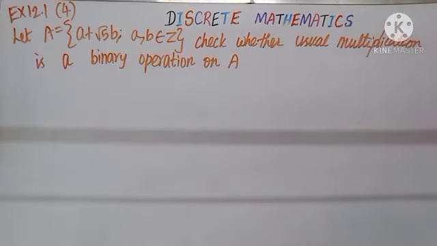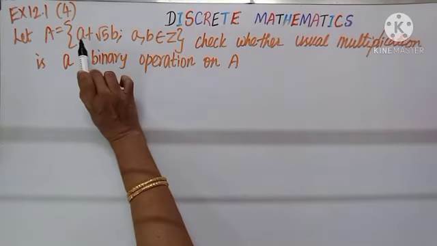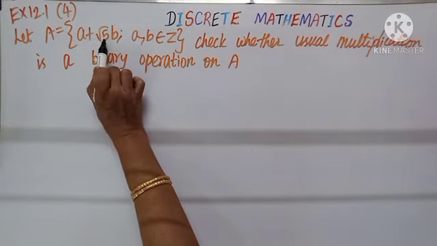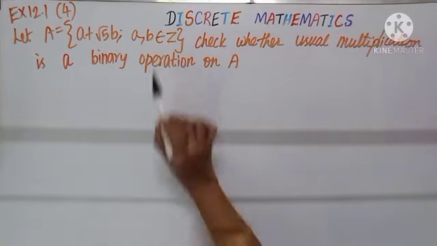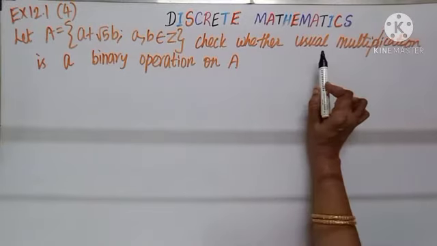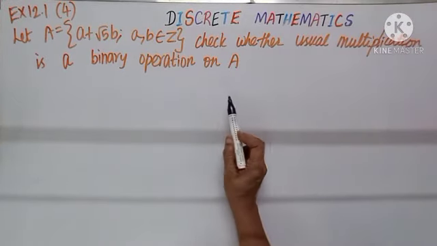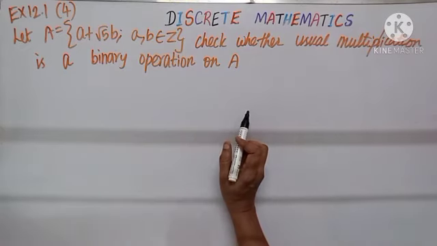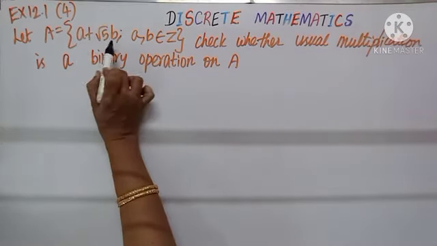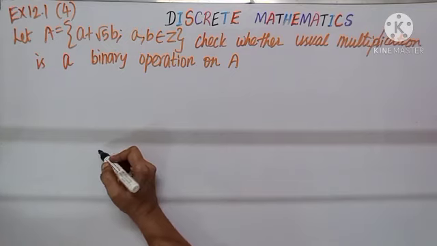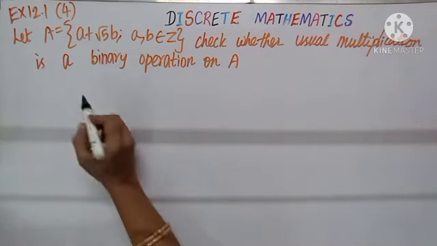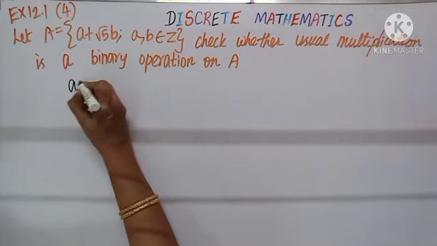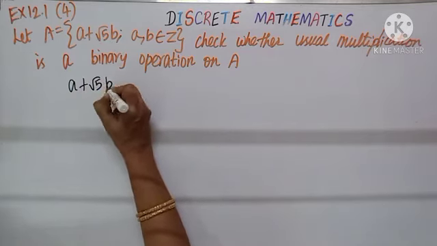Question number 4. Let capital A be the set of all numbers of the form a plus root 5 into b, where a and b are integers. Check whether usual multiplication is a binary operation on A. Given a format like this, try to write two elements of A. How will the elements of A look? a plus root 5 into b.